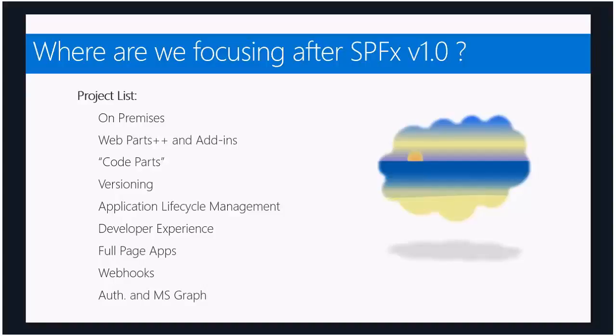We've been telling that already in the past. We're also looking into improving the client-side web parts, so absolutely there will be improvements there, but there will be improvements in the add-in model as well. You most likely can build modern add-ins using the SharePoint Framework in the future. And that's what we actually want to do.